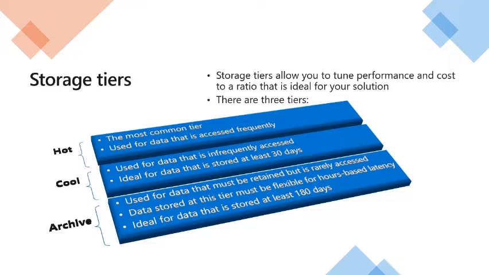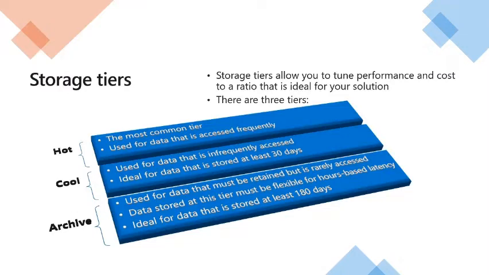The available tiers include hot storage, which is optimized for storing data that is accessed frequently; cool storage, which is optimized for storing data that is infrequently accessed and stored for at least 30 days; and archive storage, which is optimized for storing data that is rarely accessed and stored for at least 180 days with flexible latency requirements. Because if you have big data that you don't really use often, let's say you use it every 5 or 6 months, then you can put it in archive and use it.